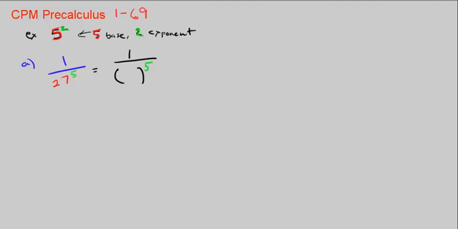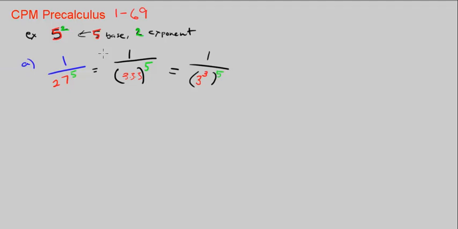You can put it in your calculator, and we know 27 is equal to 3 times 3 times 3. So that is equal to 1 divided by 3 cubed, and then we have 5 as the exponent. Here's where we can use the properties of exponents.